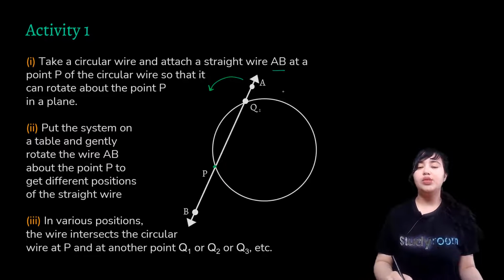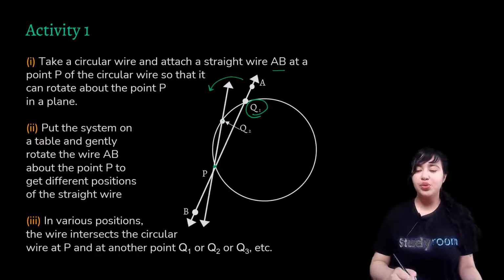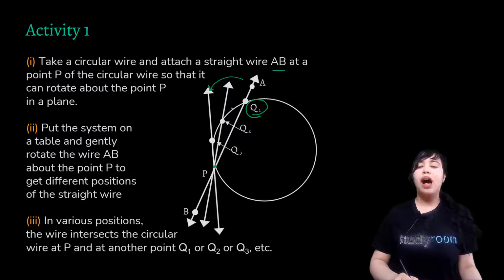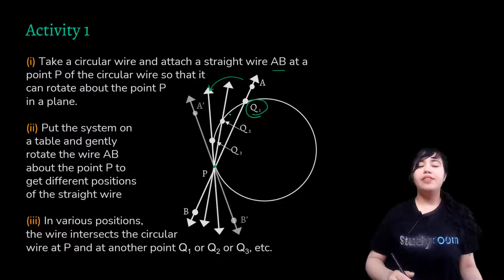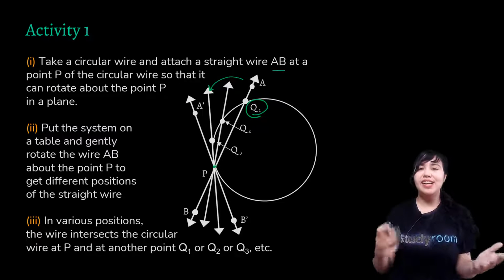So let's say you rotate it once and you get this point Q1. You rotate it again, you get the point Q2. Again, you get Q3. So just keep marking these points. Then we have ultimately this point diminishing to P only.